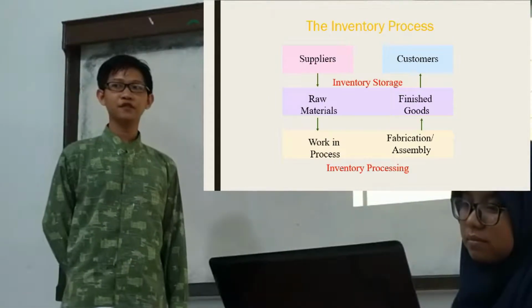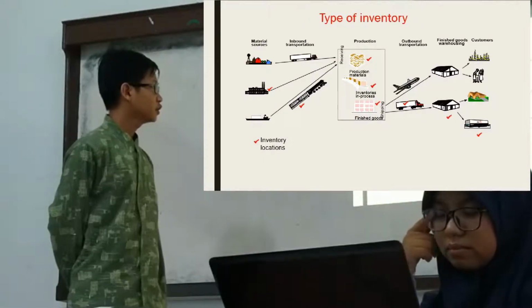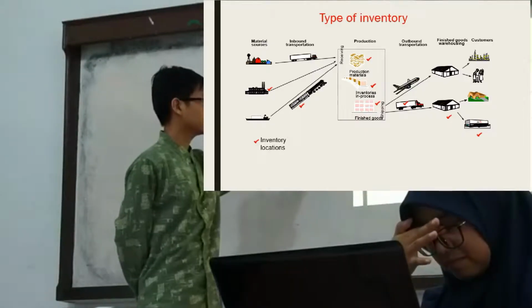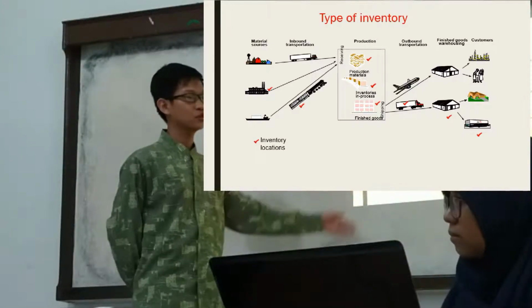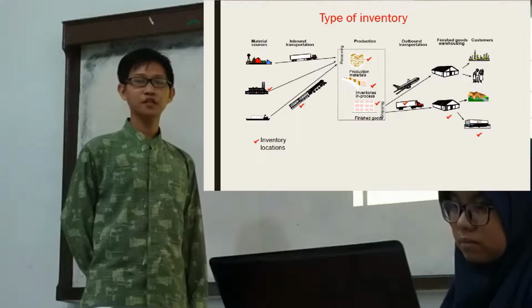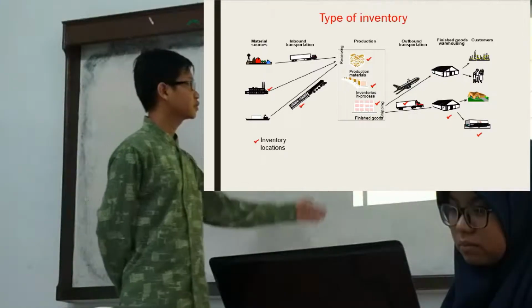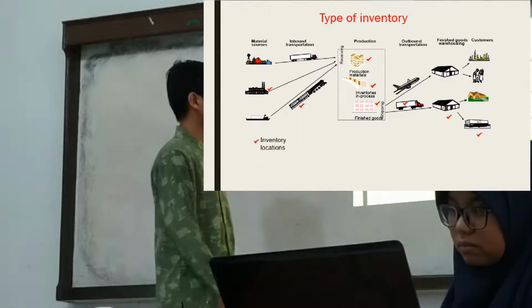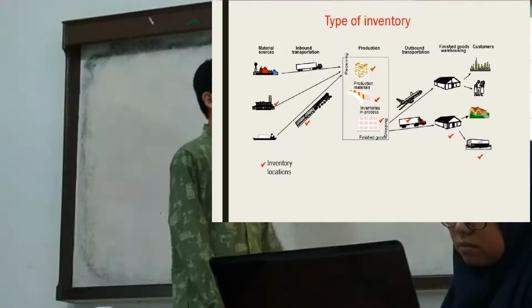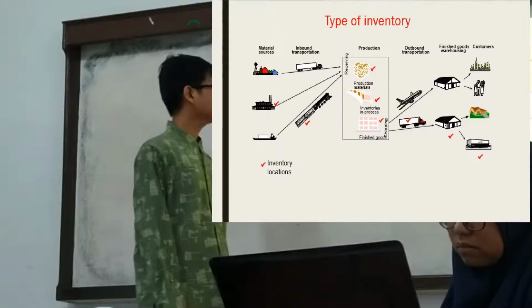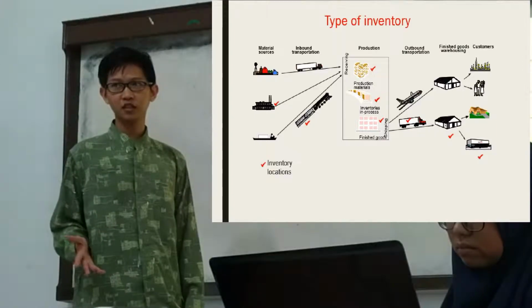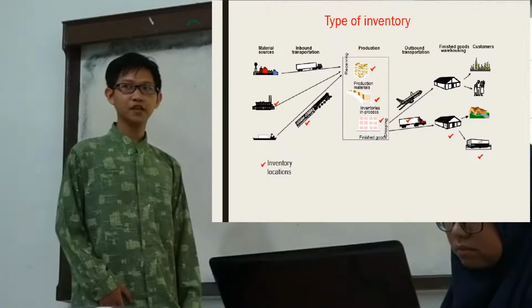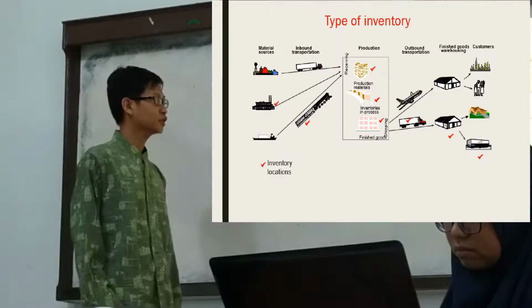This is the type of inventory you can see here. The first, the material source at the supplier. The supplier needs the inventory for raw materials. After that, from suppliers it comes to the company, which needs the transportation inventory, depending on your product and your amount of product.